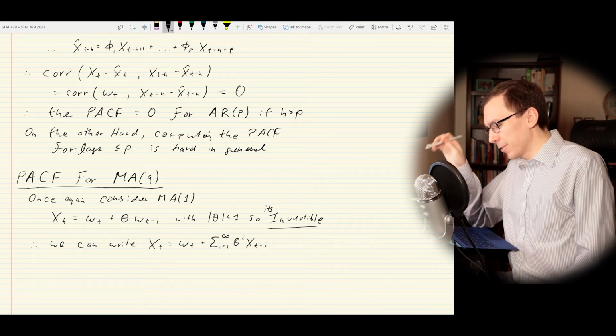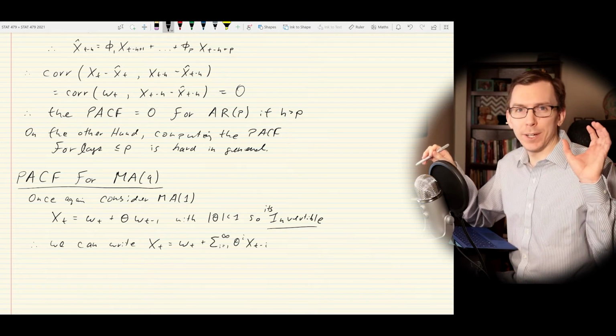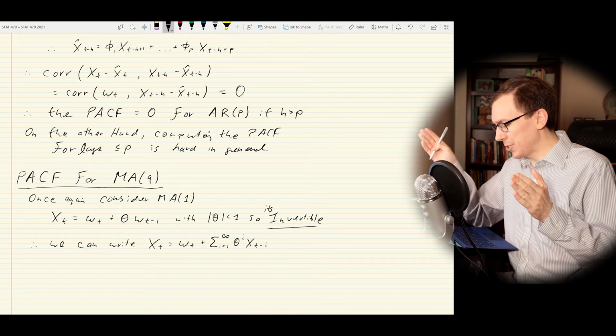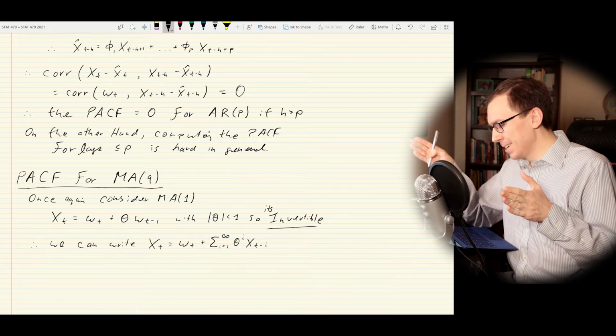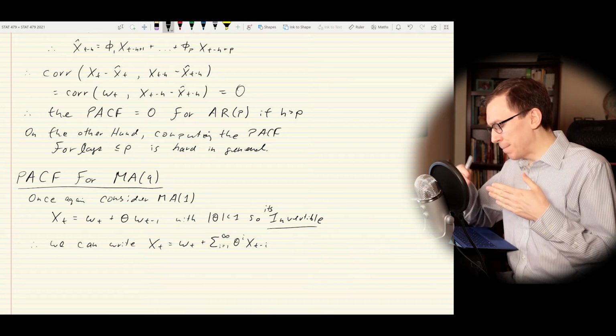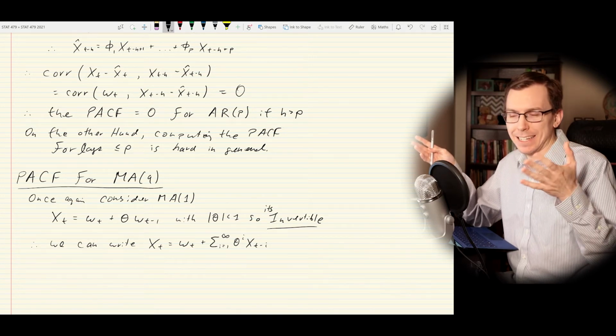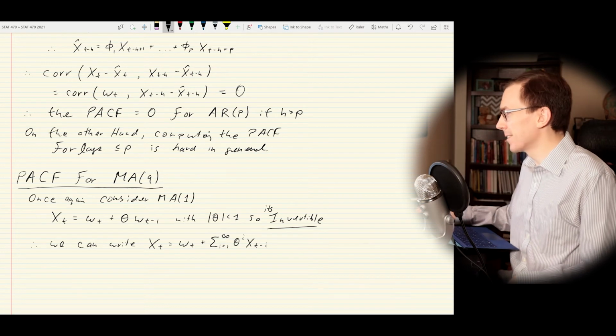So again, the invertible process is saying I can write white noise wt as an infinite linear combination of my x's going back into the infinite past. Now, all I did was keep xt on the one side and wt on the other side.